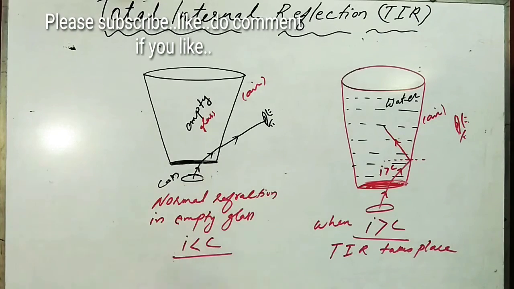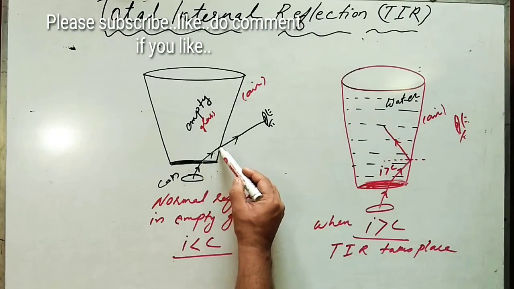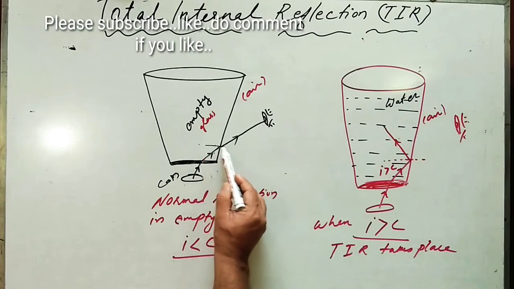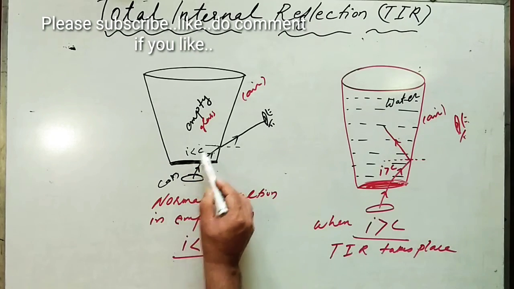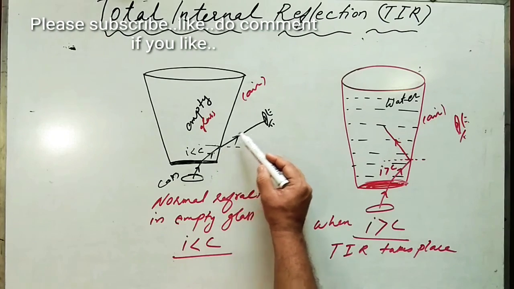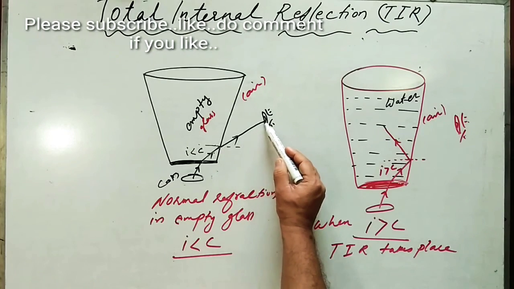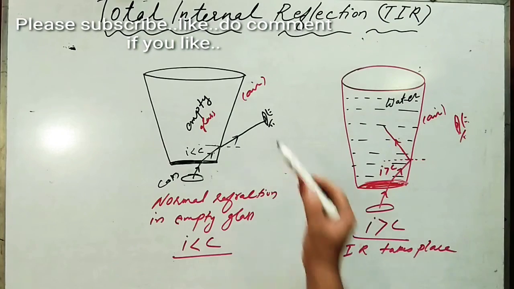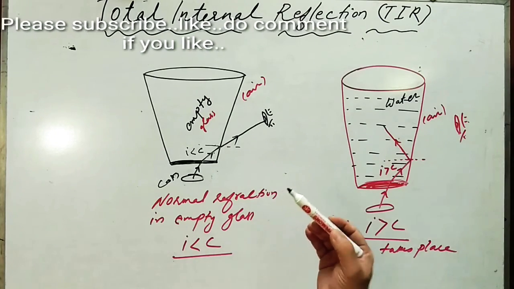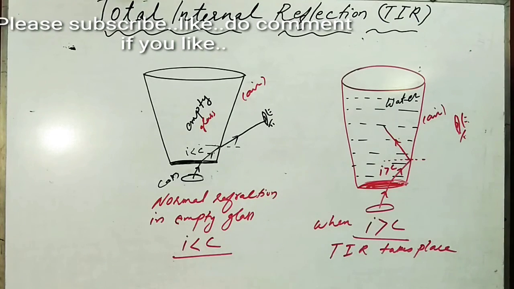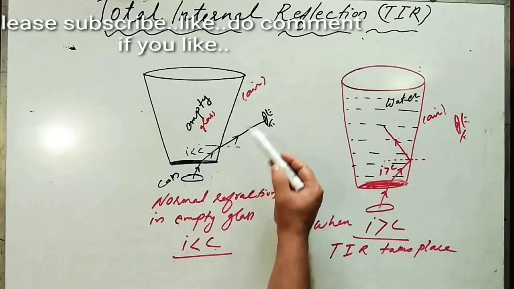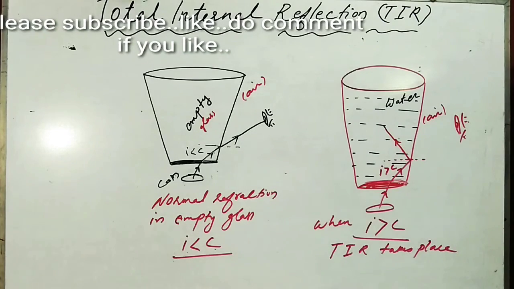It is getting refracted, and the refracted ray is striking the glass air interface at an angle of incidence less than the critical angle, such that it is getting refracted out, and the refracted ray is reaching the eyes of an observer, and the observer can see the coin very easily. That's what we have witnessed in the demonstration. When the angle of incidence is less than the critical angle, normal refraction takes place, and the coin was visible.